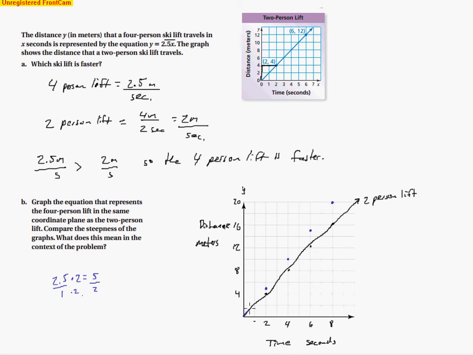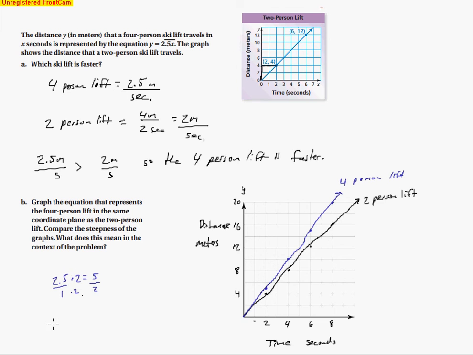It's kind of close to the line as we're starting off, but as time progresses, you can see how much further it's going to be than the two-person lift. So this is the four-person lift.